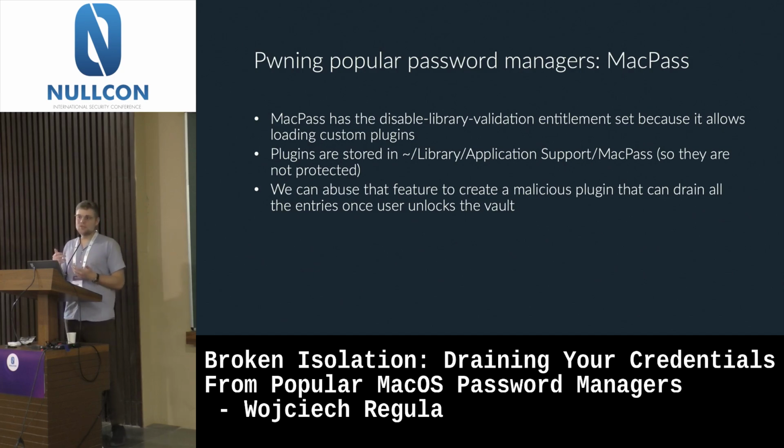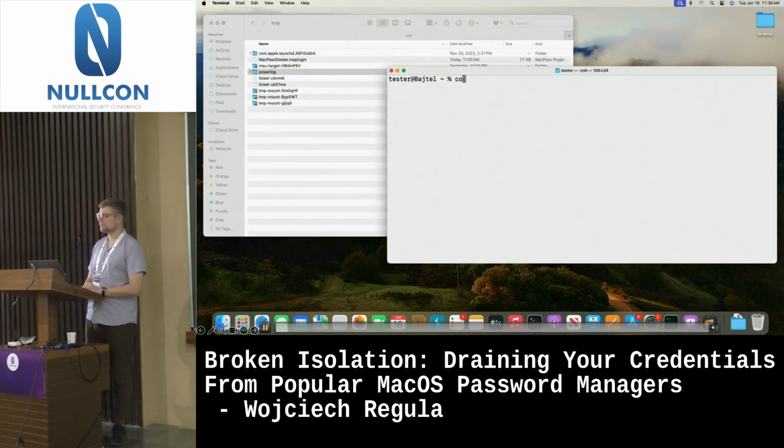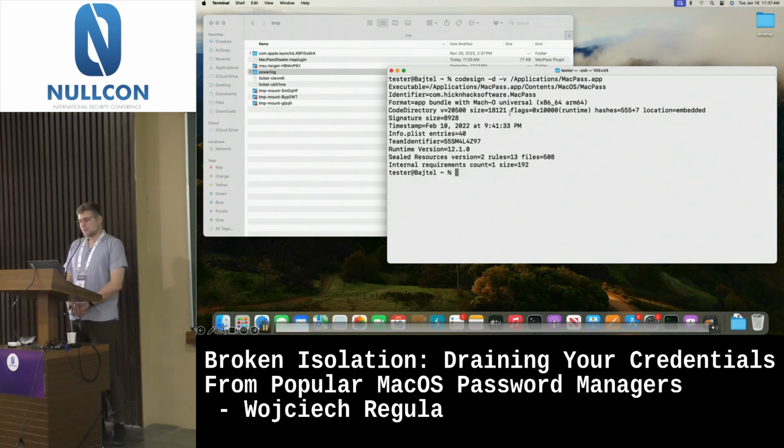So we can abuse this feature to create a malicious plugin that will just try and drain all the entries when the user unlocks the vault. And here you have the demo. So we first check what's the identifier of MacPass.